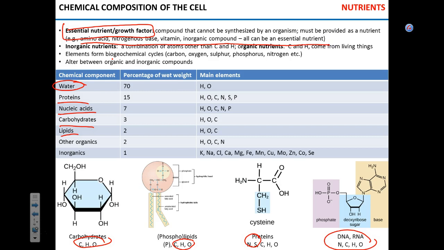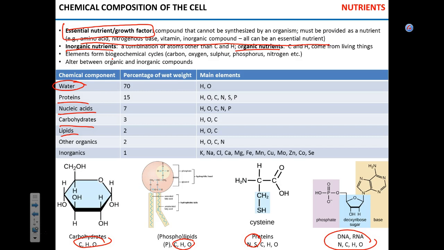We clear? Nutrients can be divided into organic and inorganic. Inorganic nutrients are usually ions like sodium, potassium, chloride, magnesium, calcium. Organic nutrients are amino acids, usually vitamins, stuff like that.